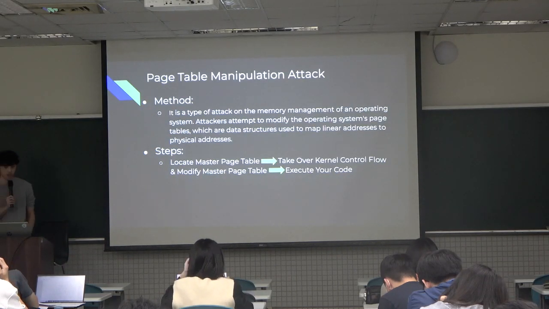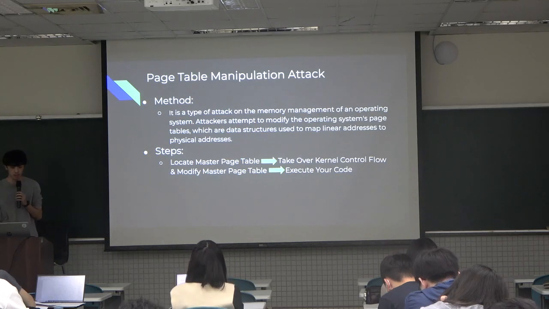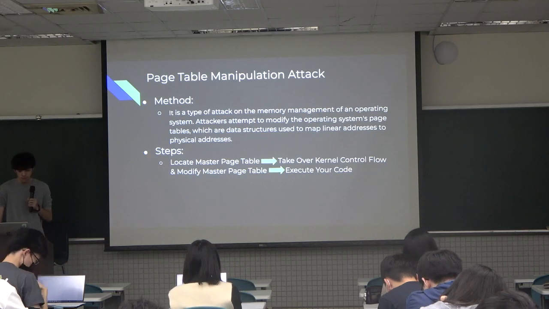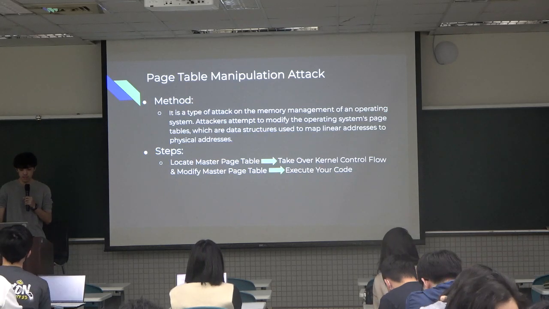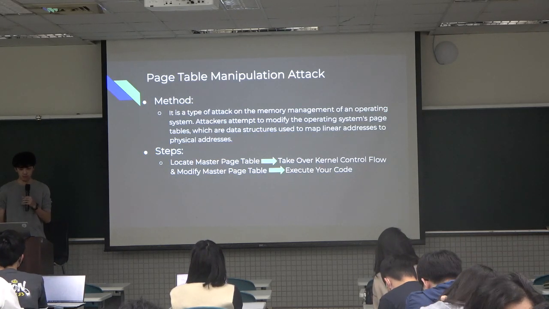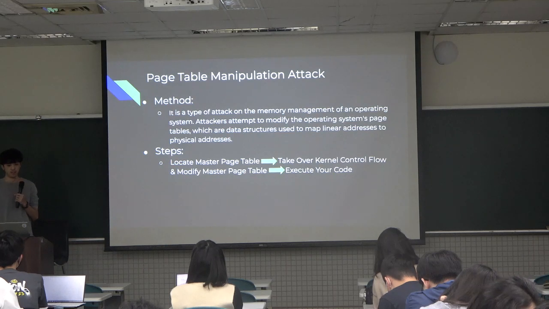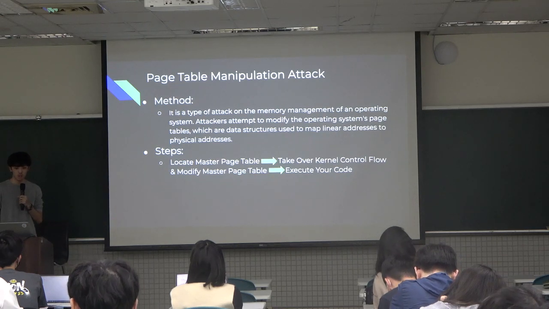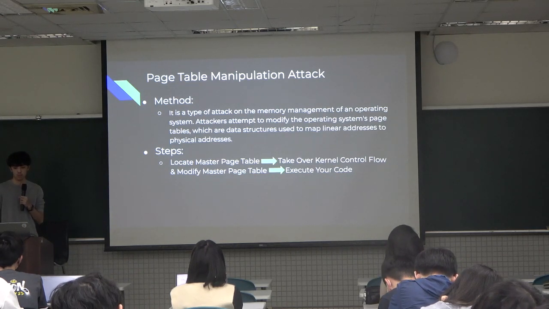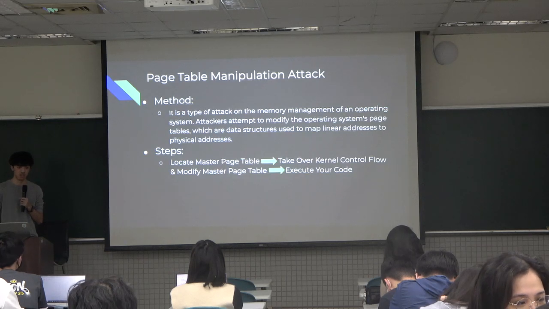Okay, now I'll talk about the page table manipulation attack. I'll call it PDMA from now on. PDMA is a type of attack on the memory management of an operating system. Attackers attempt to modify the operating system's page tables, which are data structures used to map linear addresses to physical addresses.